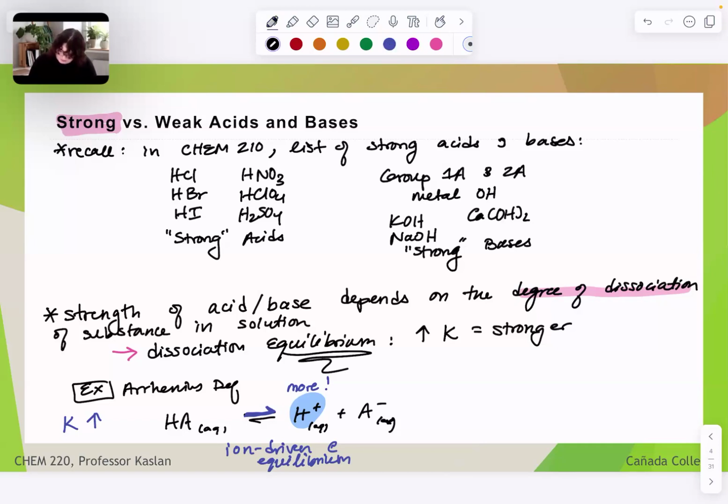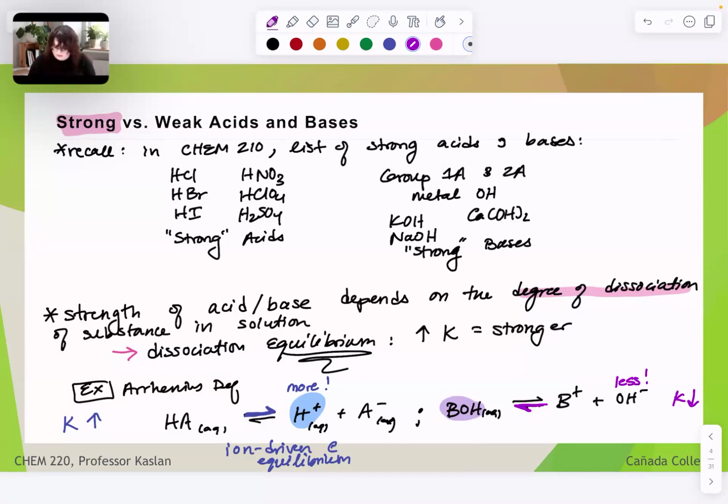I could also do something similar for our base. So if I had BOH that was dissociating into B plus and OH minus, let's look just for comparison's sake at perhaps if this was a K that was small, this would mean that at equilibrium, I am favoring the molecular version of the base, meaning the hydroxide is present in lesser quantity.